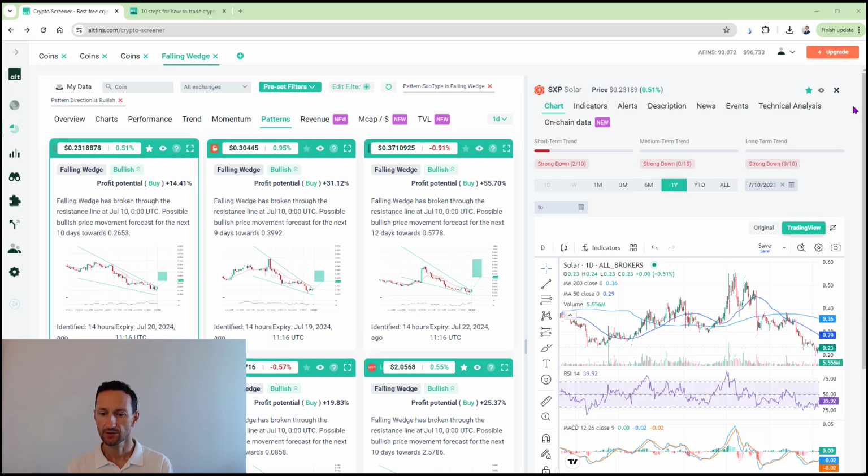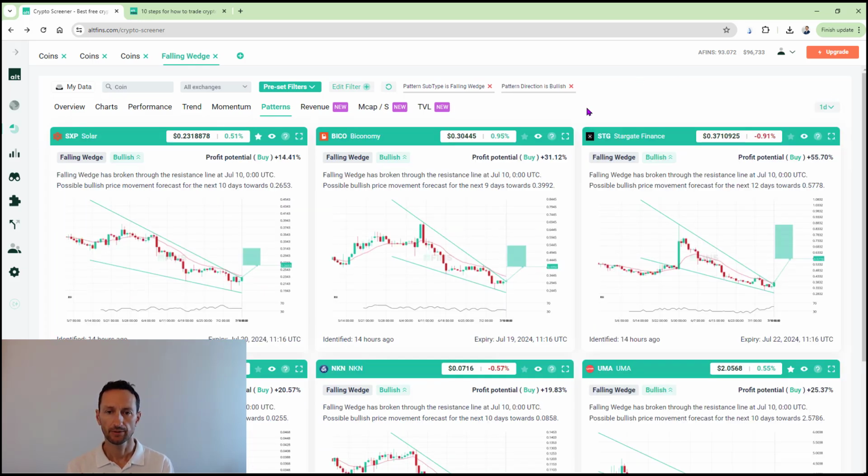Okay, let's continue here. Now, as I mentioned, channel down and falling wedge patterns are trend reversal patterns, not continuation patterns. Continuation patterns, like ascending triangle or channel up, are patterns in the direction of an existing trend, right?